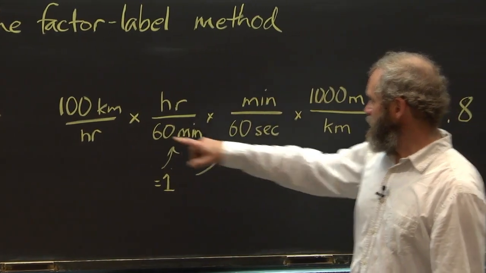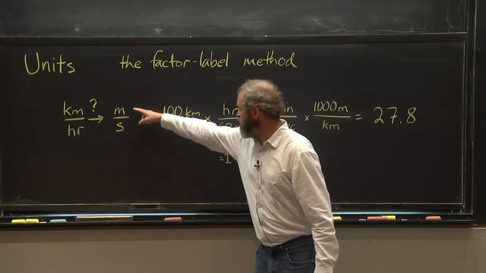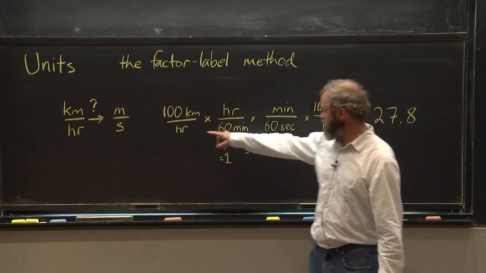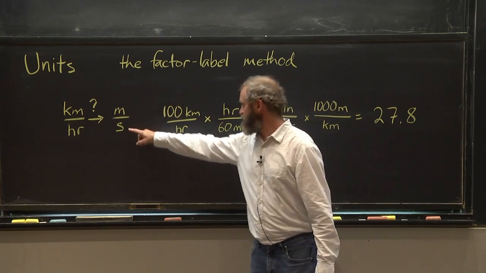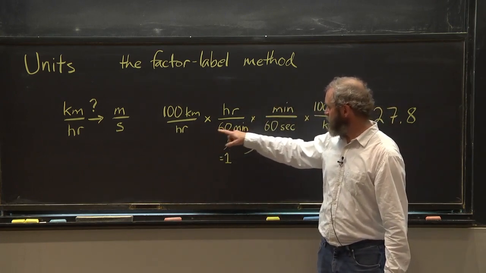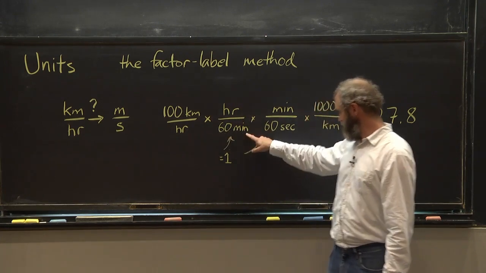So we need to find factors that can convert these units into the ones that we want. And so let's start with the time units. We want to convert from hours to seconds. And so we'll start by writing a factor which can cancel out the units of hours here and give us something shorter.